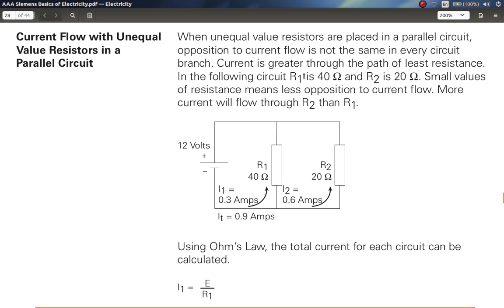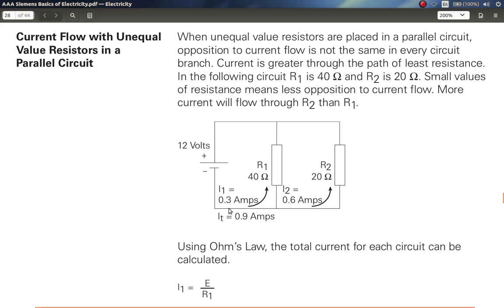In the following circuit, R1 is 40 ohms and R2 is 20 ohms. Small values of resistance mean less opposition to current flow. More current will flow through R2, the smaller resistor, it's 0.6 amps, than R1, the bigger resistor, which is going to be 0.3 amps.